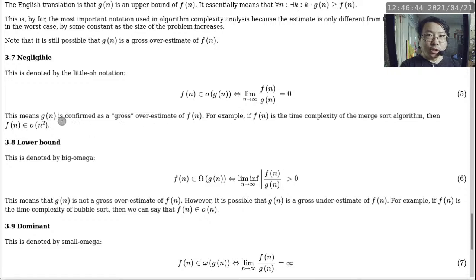It means g of n is a gross overestimate of f of n when the ratio approaches 0. That kind of makes sense, right? Because if f of n is just n and g of n is n squared, and n starts with 1 so that we can avoid the division by 0 problem, then it meets this requirement. So f of n in this case is just n itself, g of n is n squared.